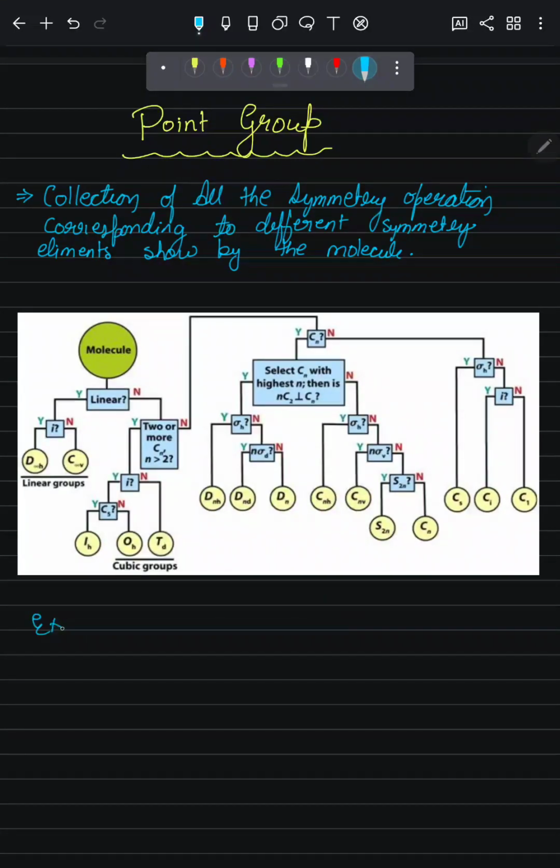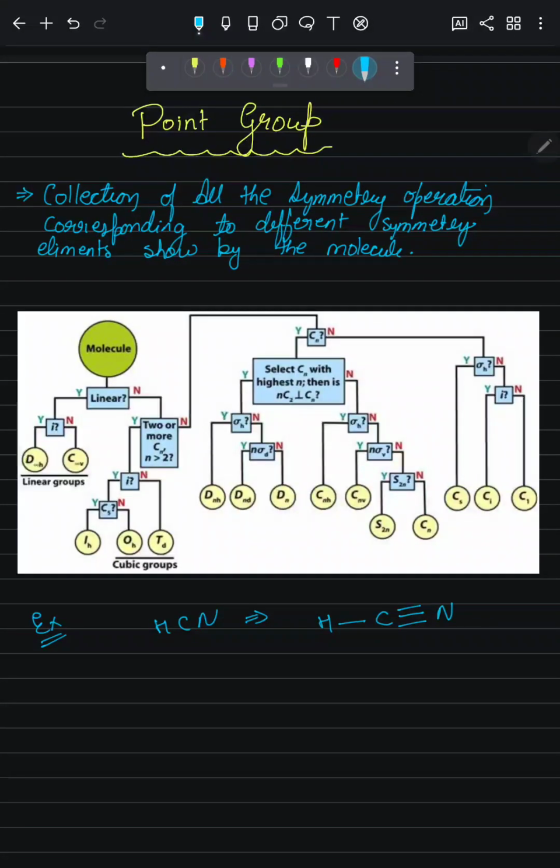Let's take an example of HCN. We know that the structure of HCN is H single bond C, and N. So this is the structure of HCN. To find the point group of this molecule, we first need to check whether it is linear or not, according to this chart. This is a linear molecule.